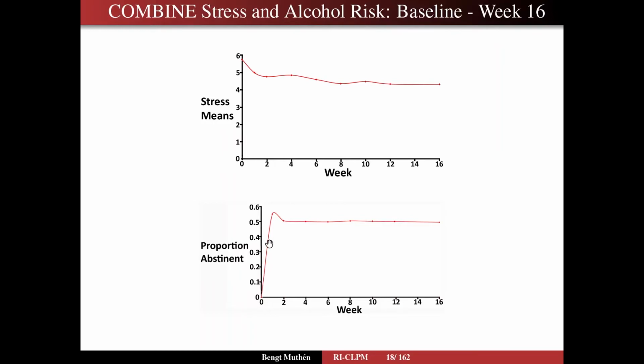But right after the baseline, when the treatment has started, you have a much higher proportion of abstinent people, and it drops down a little bit at the second week, and then you have a slight decline of abstinent people across time. At first, we're going to ignore these trends over time, but pick up on it in the modeling towards the end of the Webtalk.